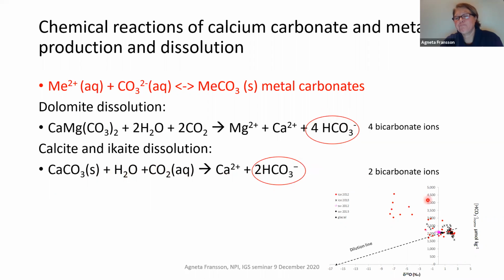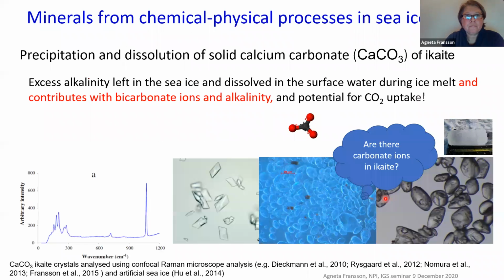So if we go back to the figure where I showed the excess bicarbonate with the red dots in this glacier water and excess bicarbonate from the ice in 2012, we can conclude that this is from the bedrock minerals, especially from the dolomite dissolution, at higher concentrations.